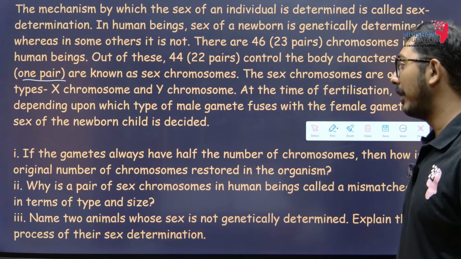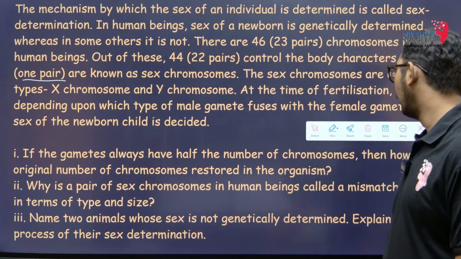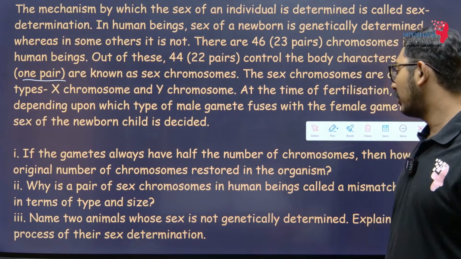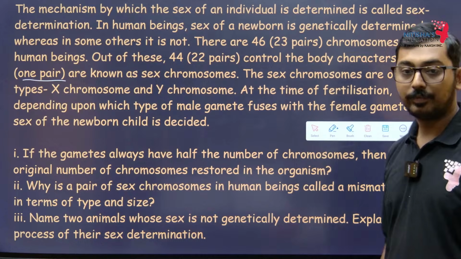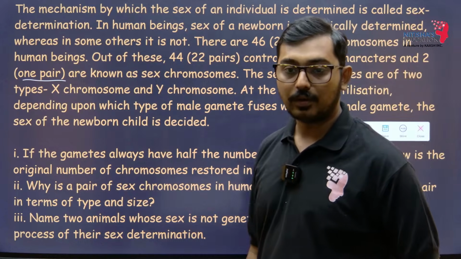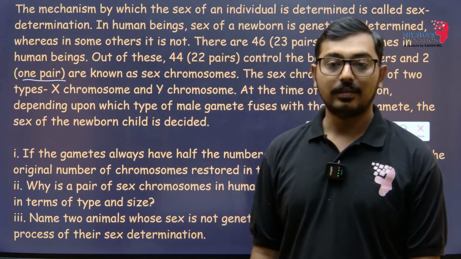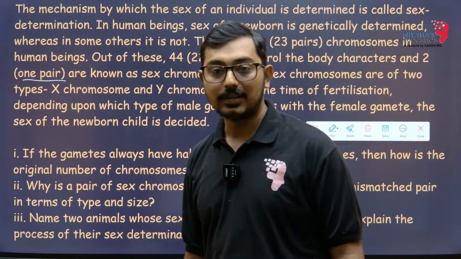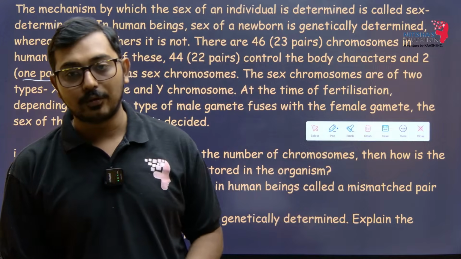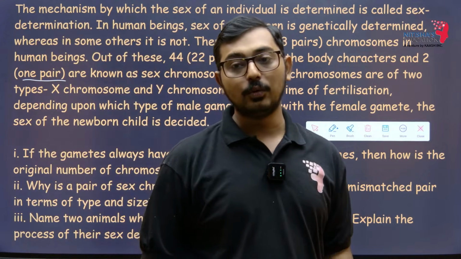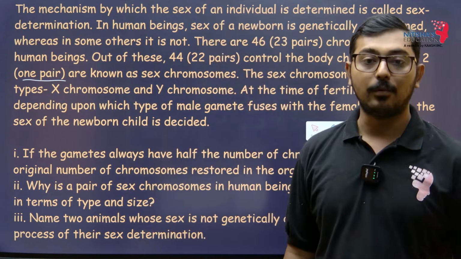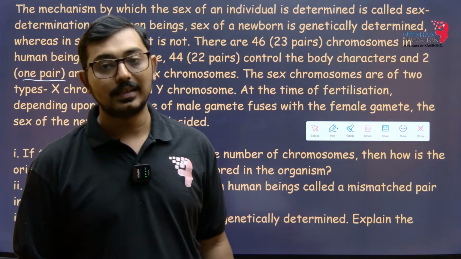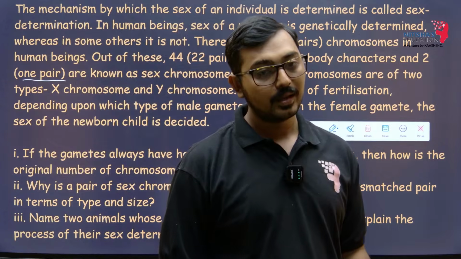First question: if the gametes always have half the number of chromosomes, then how is the original number of chromosomes restored in the organism? When the gametes fuse, the original number is restored at the time of fertilization. Male and female germ cells fuse to form a zygote.